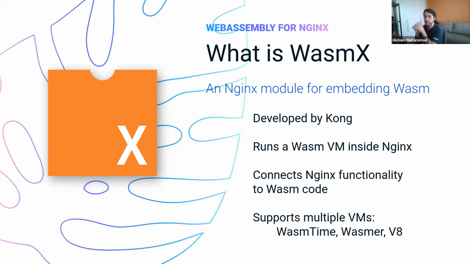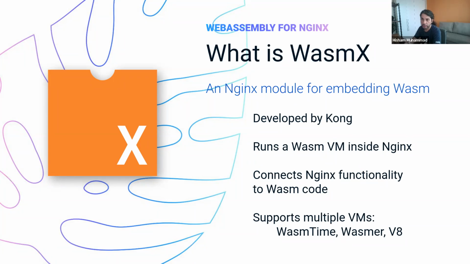It's an Nginx module that, just like OpenResty, embeds a virtual machine. WasmX is an Nginx module that can embed a WebAssembly virtual machine. This module is developed by Kong. It runs a Wasm VM inside Nginx, and it supports multiple VMs.